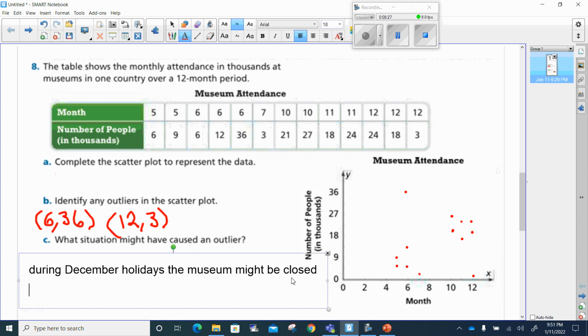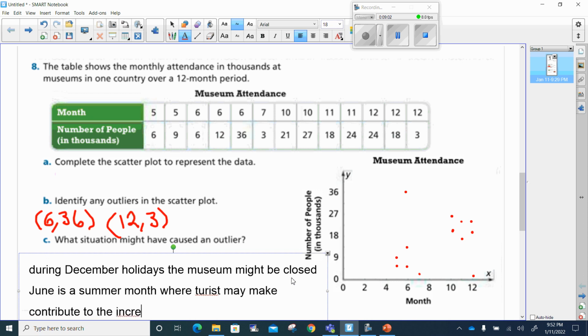So I might say June is a summer month where tourists might contribute to the increase in people going to the museum.